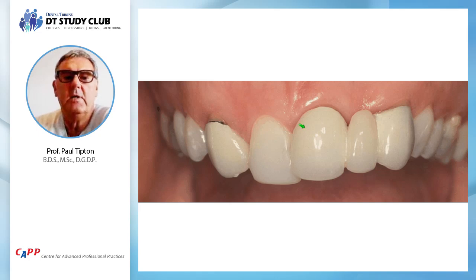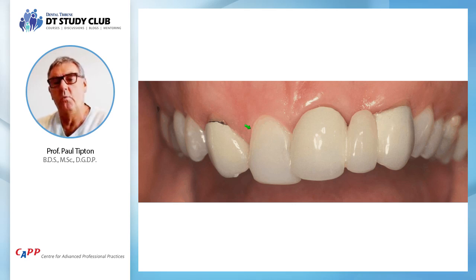On the upper right 2 area, there's no tooth. So in terms of symmetry, we've got a huge problem, because we've got 1 extra tooth on the upper left hand side and we're missing a tooth on the upper right hand side. So we go back to that first slide, symmetry. We'll look at proportion again a little bit later, but symmetry.